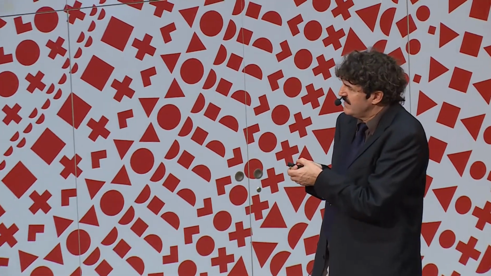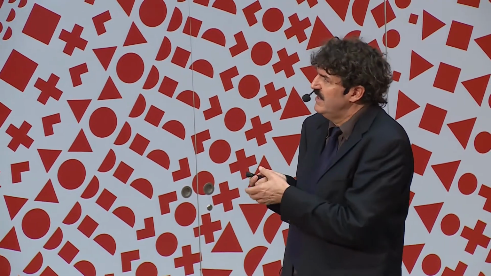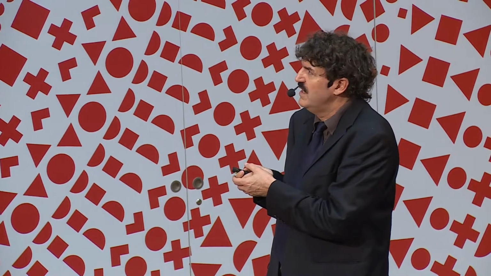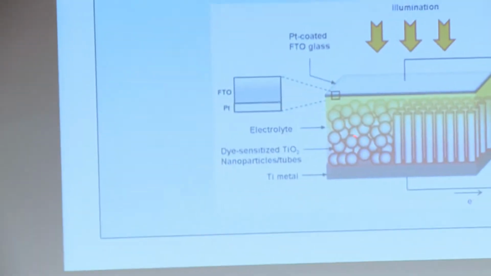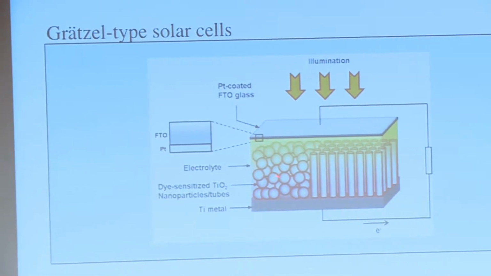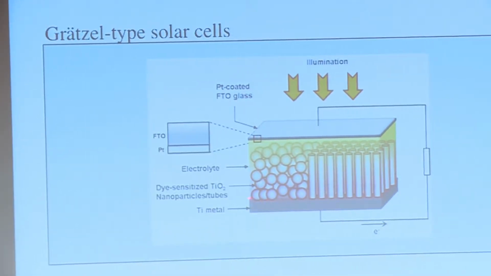And the dye is essentially the light absorber. The dye is excited and injects an electron into the conduction band of the TiO2, and the TiO2 is more or less just an electronic conductor scaffold, transporting the electron to the backside of the solar cell.